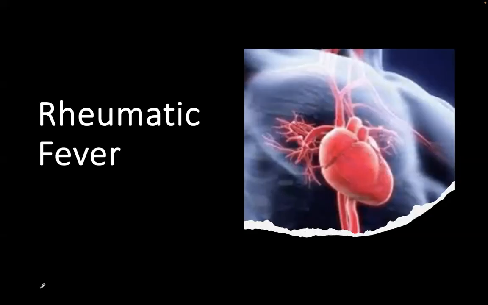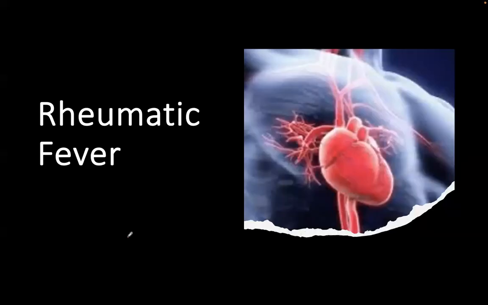Okay, good. In the epidemiology and prevalence of rheumatic fever, it's actually associated with poverty. It's associated with overpopulation. It's associated with overcrowding.